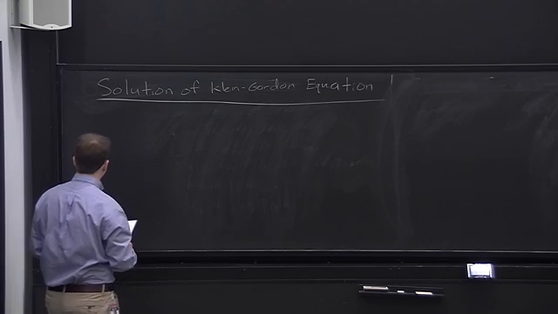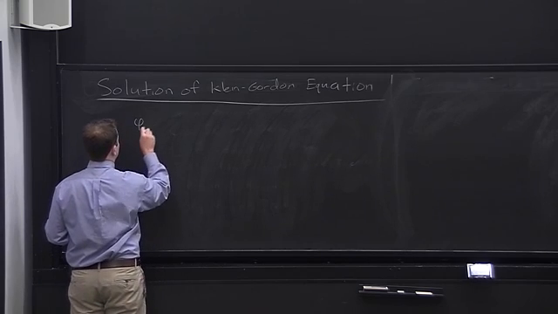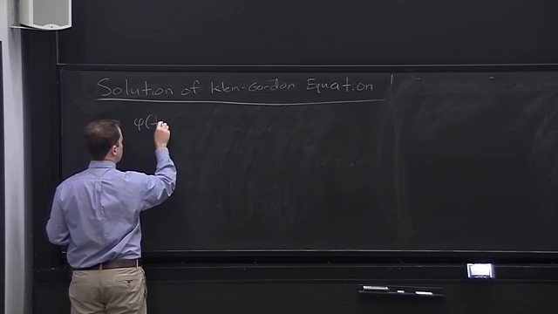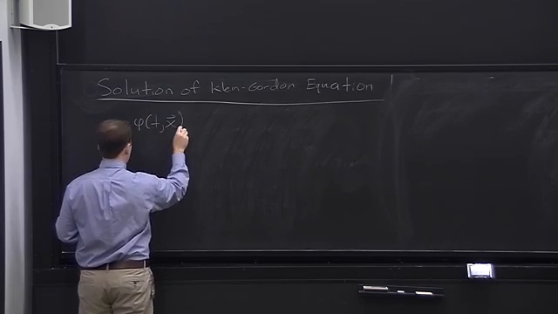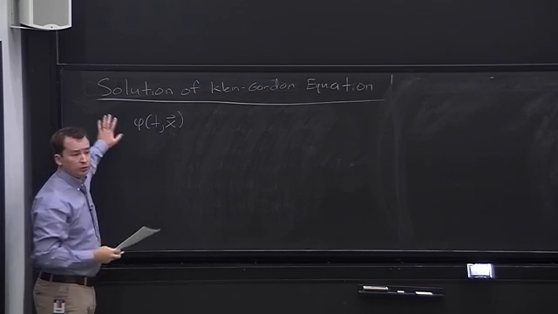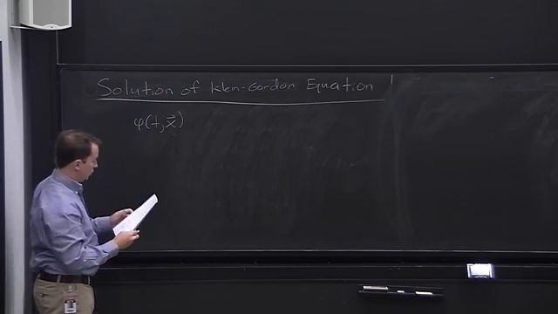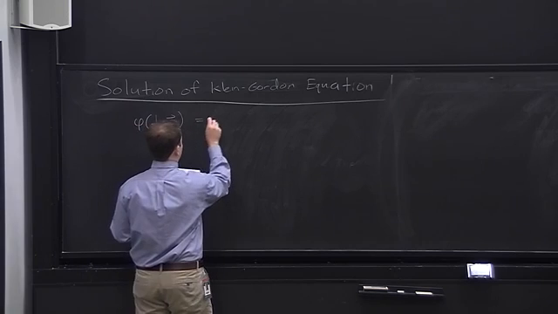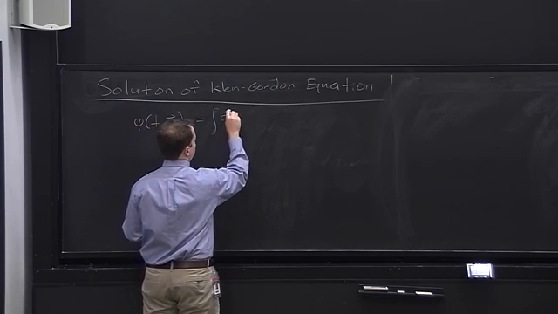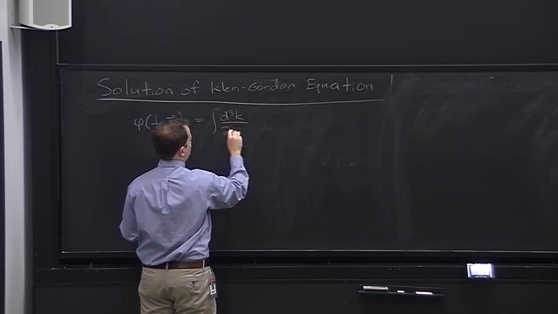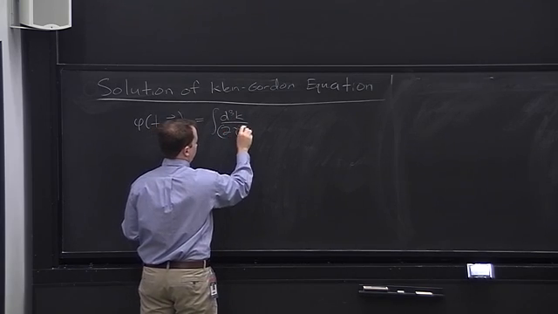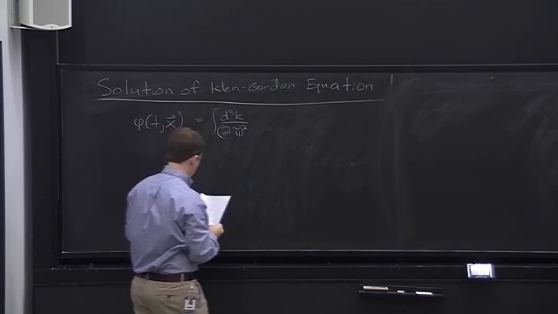The simplest way I know of to solve the Klein-Gordon equation is to take a spatial Fourier transform. And I'm always going to put my 2 pi's with my momentum integrals throughout the course.